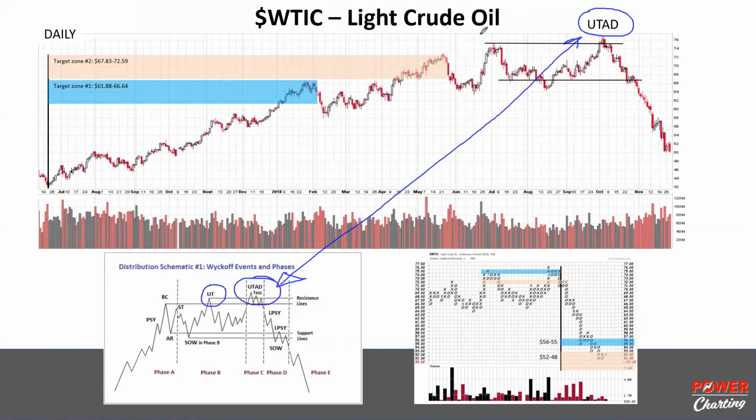What that means is that all of the trading that preceded it was distribution in nature and was selling by large interests. This led to a little climactic surge, and following the upthrust itself, there's a test. This test is a failing test that leads to a serious decline.